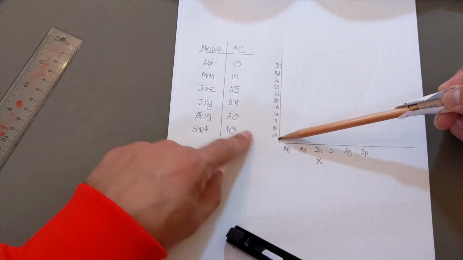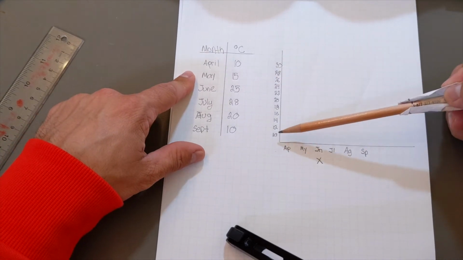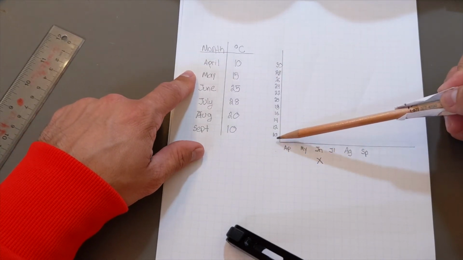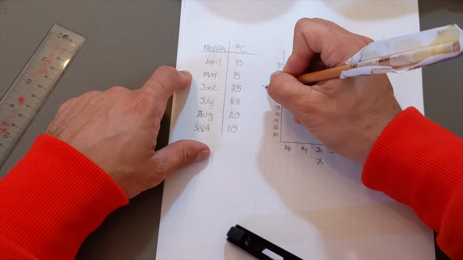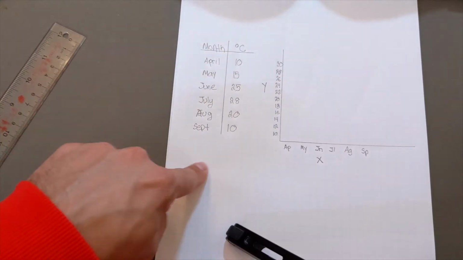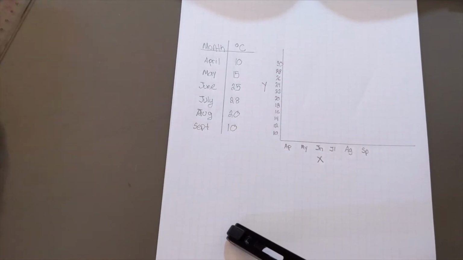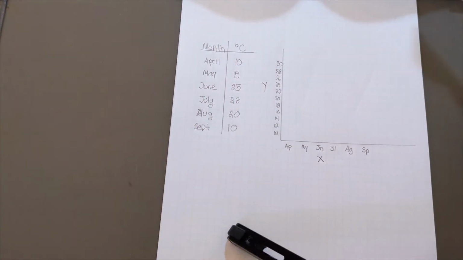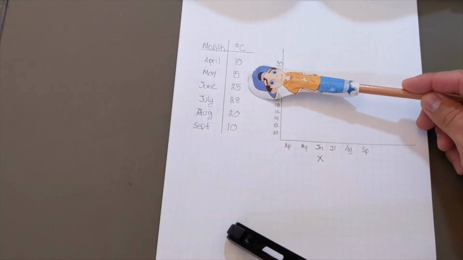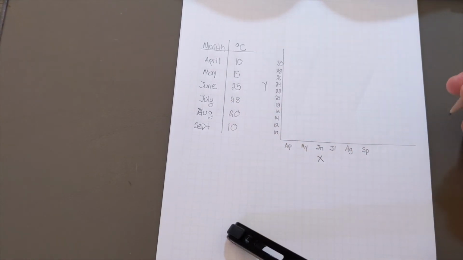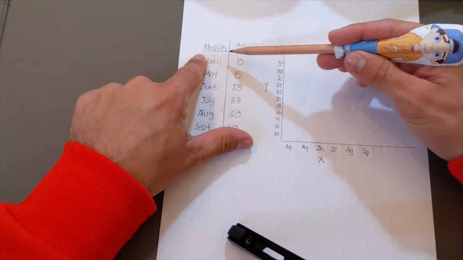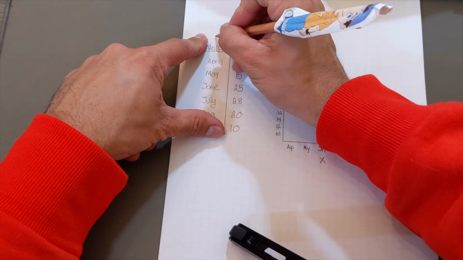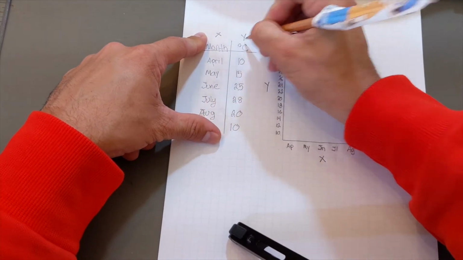And up here I have numbers starting at 10, going up by 2s all the way to 30, along the y-axis. And then here I have my table of values. Let's pretend that these are the average temperatures for each of those months. I've gone online and found some data, and I want to see what the changes in weather are like. So we're going to treat this exactly the same. This is our X and this is our Y.